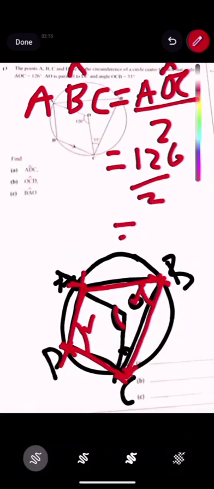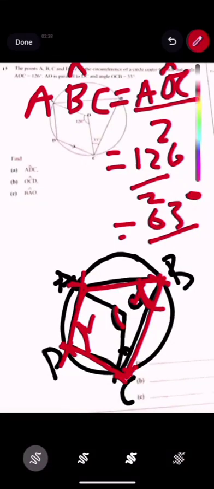So 12 divided by 2, 6. 6 divided by 2, 3. So it's 63 degrees. Okay, so angle ABC is 63 degrees.